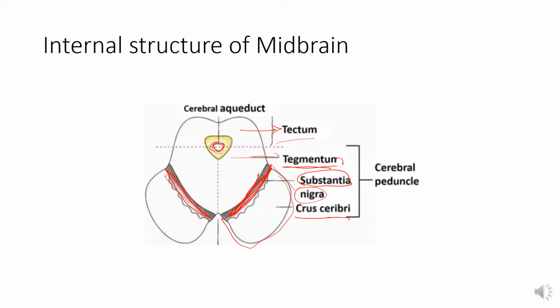This tectum has four swellings, two superior ones and two inferior ones, known as the superior colliculi and inferior colliculi. The cerebral aqueduct is lined by ependyma and is surrounded by central gray matter. Here you can see the central gray matter.